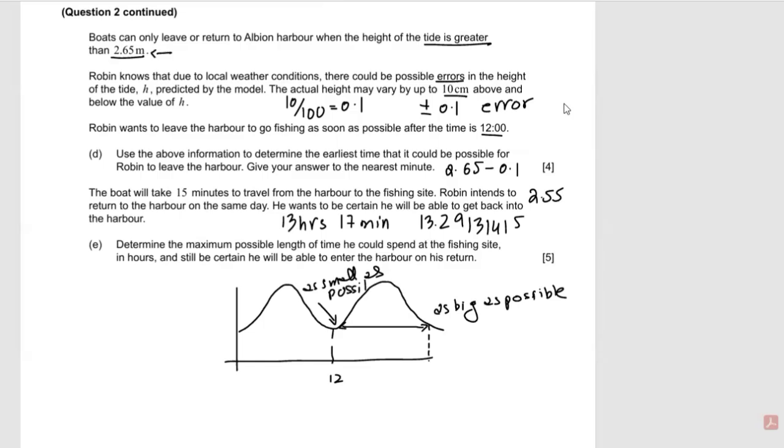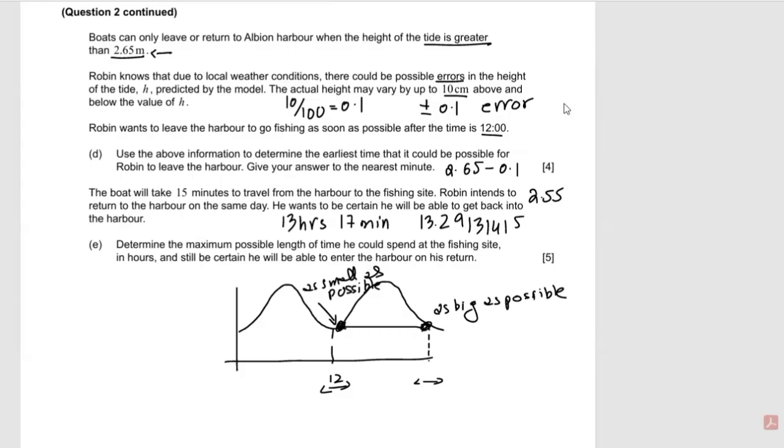So think about it this way: I need this the smallest possibility and this the biggest possibility. And don't forget, it takes 15 minutes, so 15 minutes here and 15 minutes here. So that is another time. Keeping all that in mind, how do we check this, to get the max possible time and the minimum possible time?